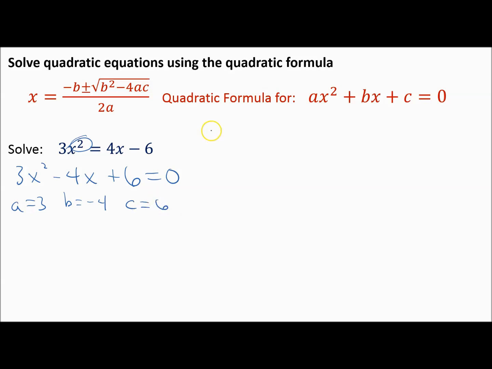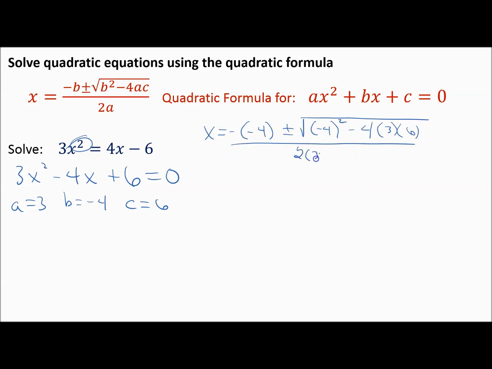And then I plug that in my formula, so I have x is equal to negative of a negative 4 plus or minus the square root of negative 4 squared. Those parentheses right there are required. Minus 4 times a is 3, c is 6, and this is all divided by 2 times a is 3.